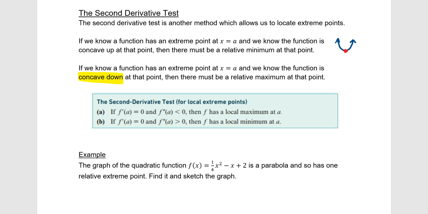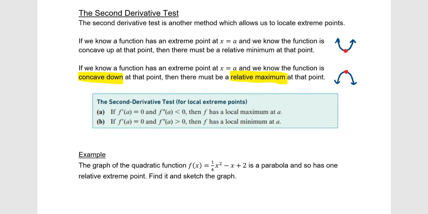Similarly, if we knew it was concave down at that point, then it has to be a relative maximum. So if it was concave down, it might look something like that. So the relative extreme point would be right there, which would be a relative maximum.